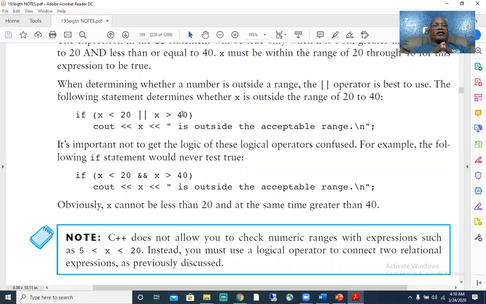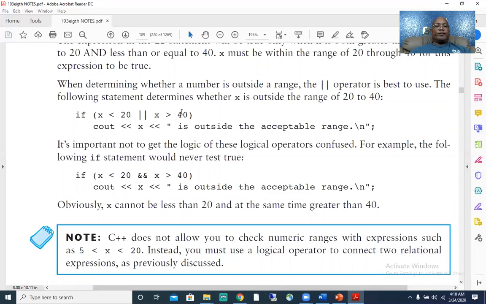If I typed in 20, is 20 less than 20? No, 20 is equal to 20. All right. So you got to understand in this example, the value 20 and the value 40 are not acceptable values for this particular expression. Okay. 20 will give you false, and 40 will give you false.